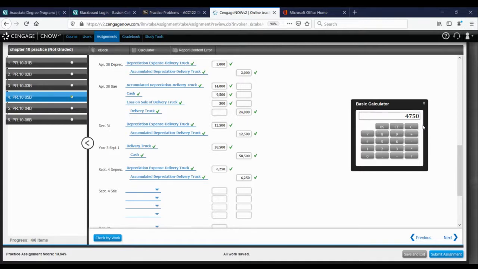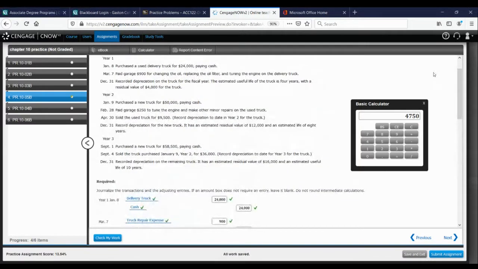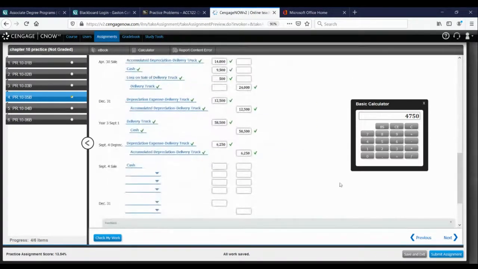Now remember, when we sell our asset, we will debit cash for the amount that we sold it for. In this case, we have sold the asset for $36,000. So we'll debit cash for $36,000.